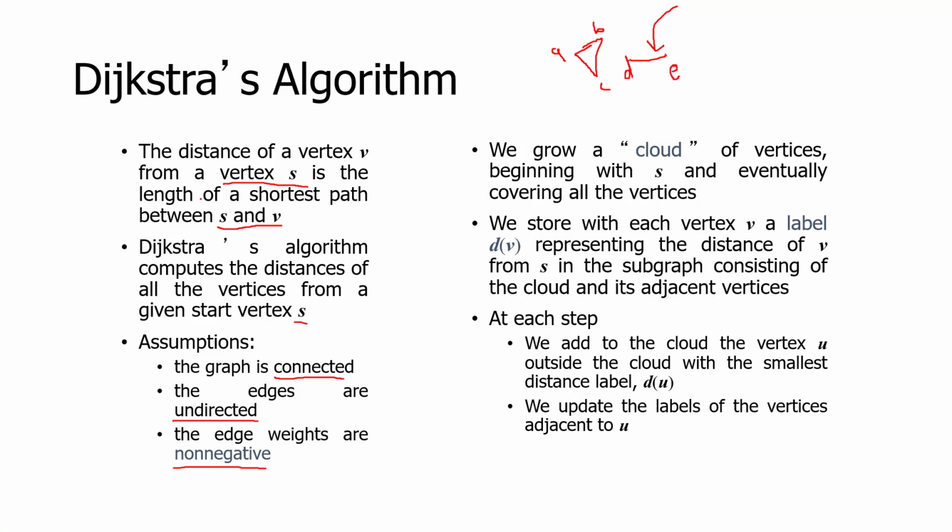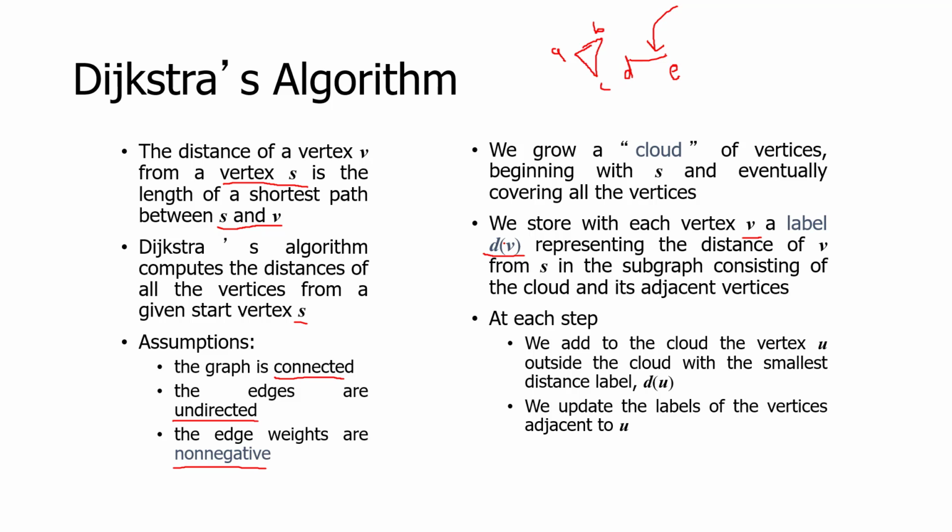Now we grow a cloud of vertices, and eventually we will cover all the vertices to find the minimum possible shortest path. Again, like we did in the previous case, we are going to store d(v) as the distance of v from a particular source node s given to us. So for every vertex v, we are storing the possible distance from the source vertex, and every time we might update this distance.